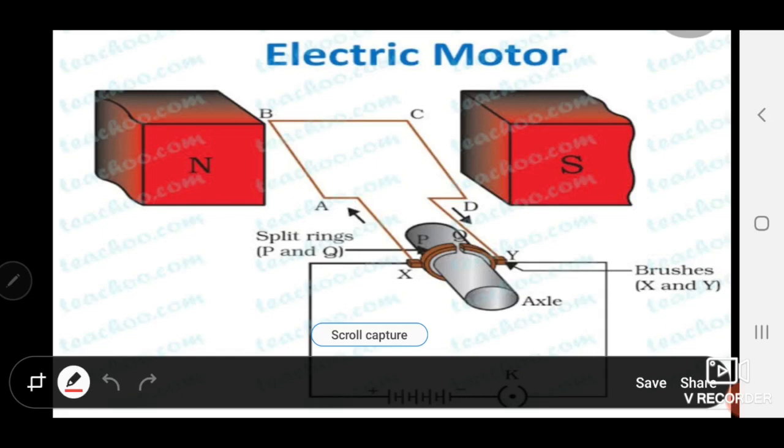Water pumps, which lift water from a lower region to a higher region, are one of the best examples. It consumes electrical energy to lift the water, so an electric motor is a device which converts electrical energy into mechanical energy.